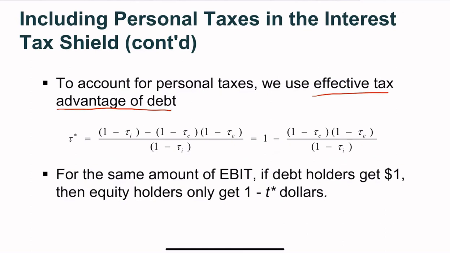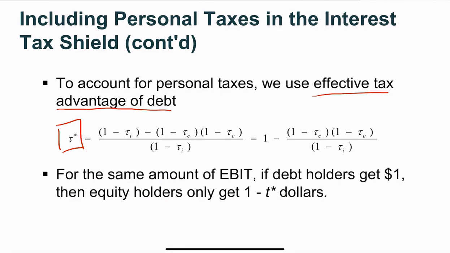Now, what's the meaning of this number? What does T star indicate? Well, it indicates that for the same amount of EBIT, if debt holders get $1, then the equity holders will only get 1 minus T star dollars.